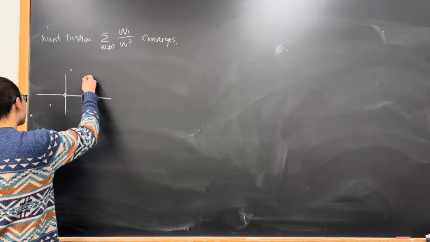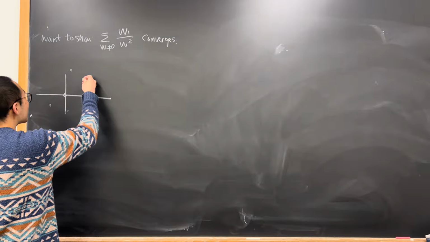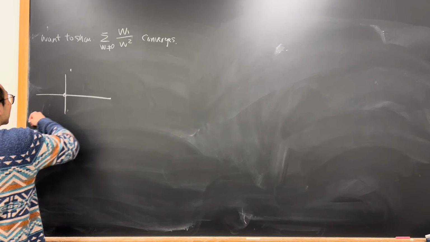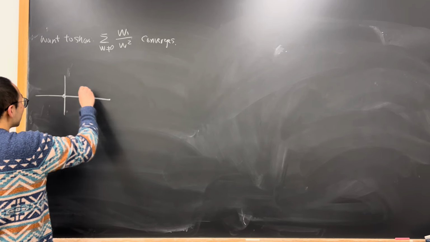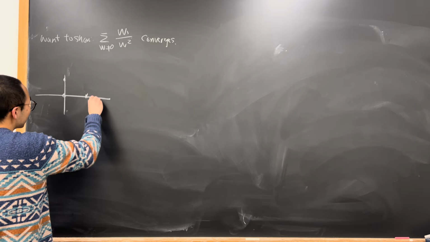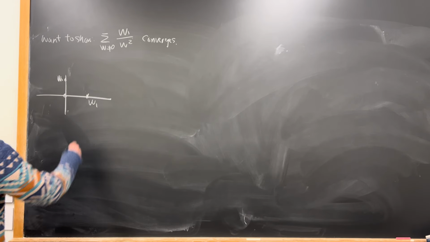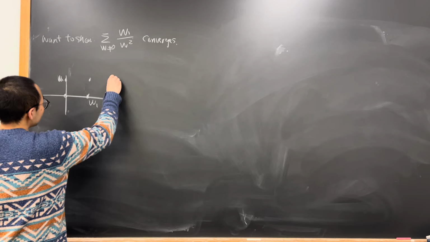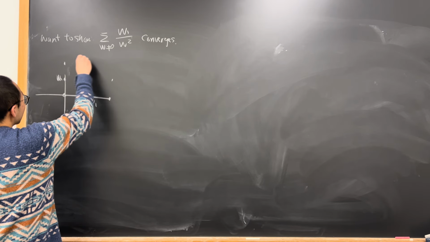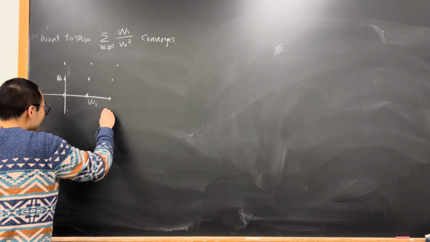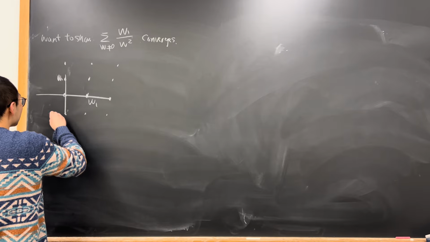Let's make our life simpler. Let's say that omega 1 is just here, and omega 2 is here. Let's suppose that we are in this case, and we are interested in just these lattices.